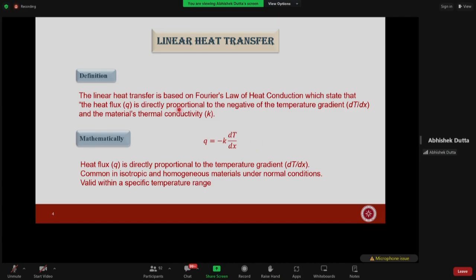When we bring it into an equation format, you already know by now that the proportionality constant is K, which is the thermal conductivity of the material we are talking about, where we are seeing the conduction.